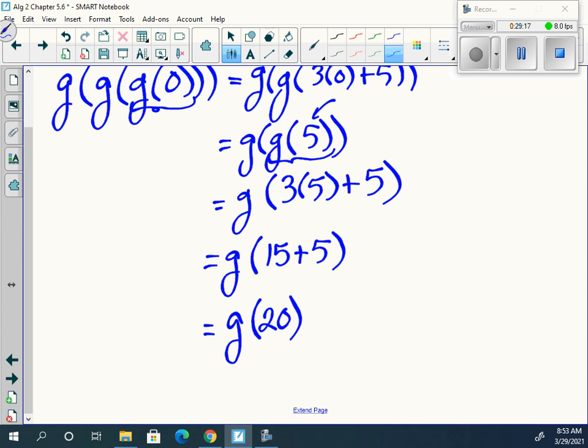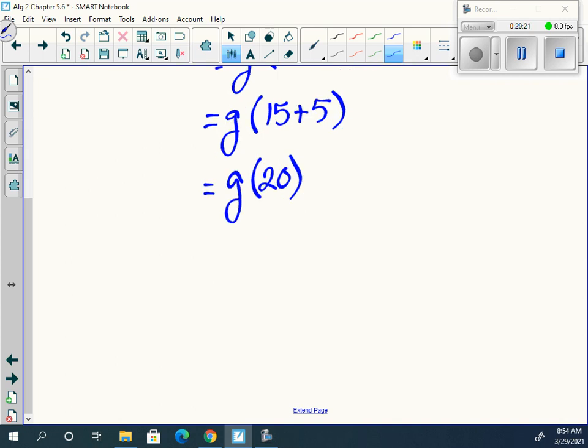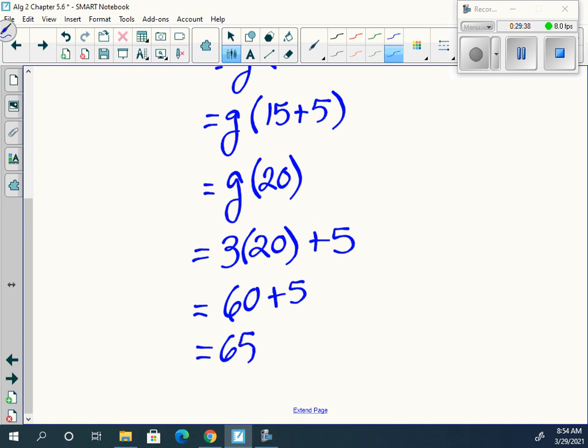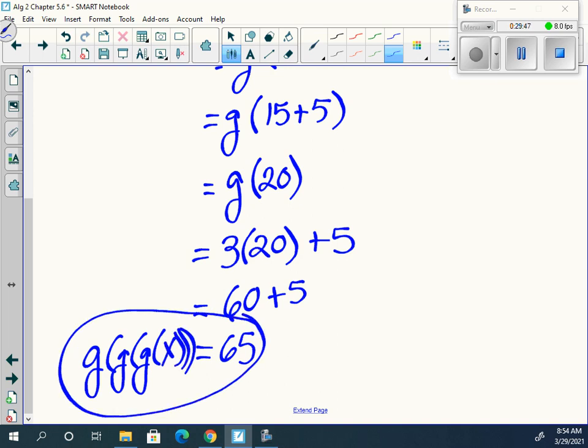g of 20. Well, so that would give us 3 times 20 plus 5, because g of x is still 3x plus 5. Well, 3 times 20 is 60, so g of g of g of 0 is 65.